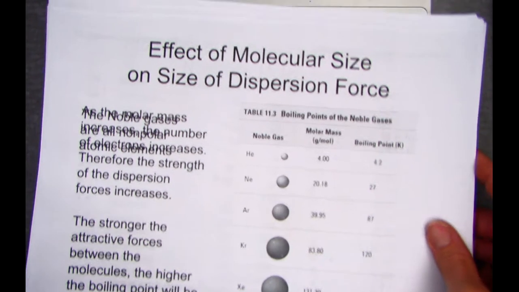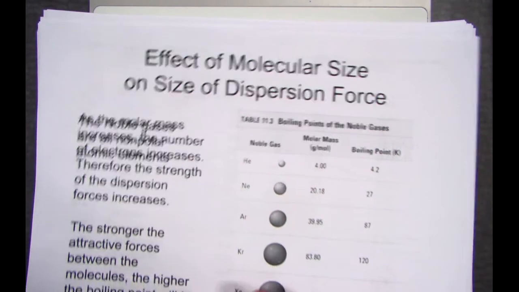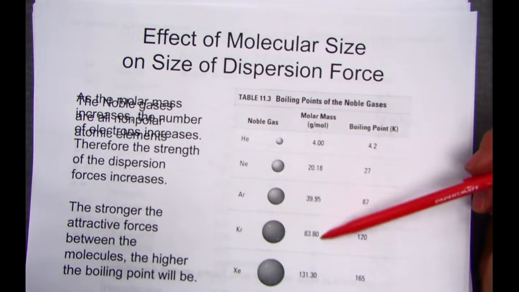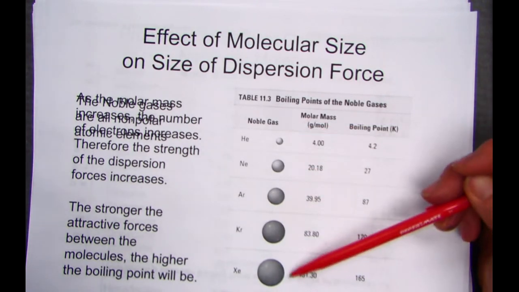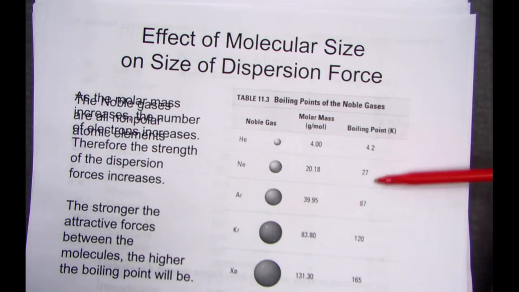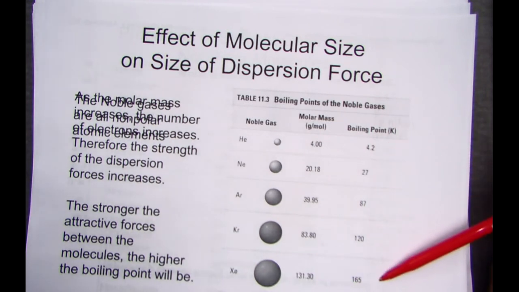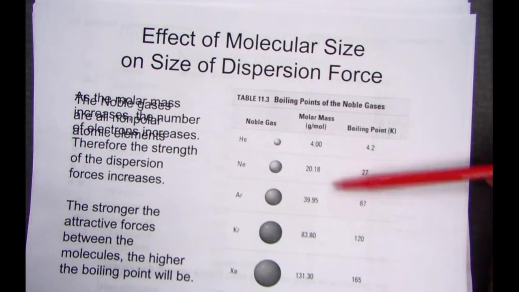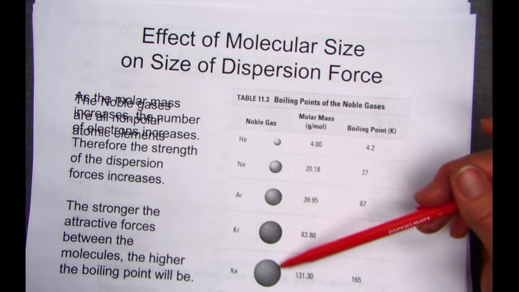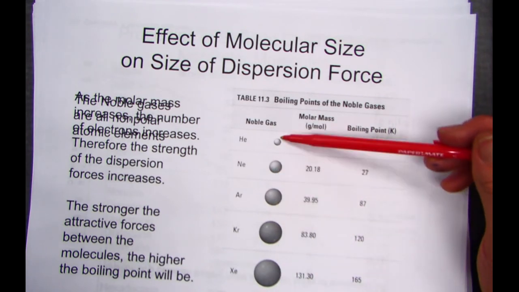So in this particular graph, I know there's some overwriting here, but let's make some sense. These are the noble gases, and the molar mass is definitely increasing as the size of the atoms increase. They get heavier as you go down a column. I can clearly see that the boiling point follows that same trend. The larger the atom, the greater the London dispersion force, again due to the manipulation of the larger electron cloud.